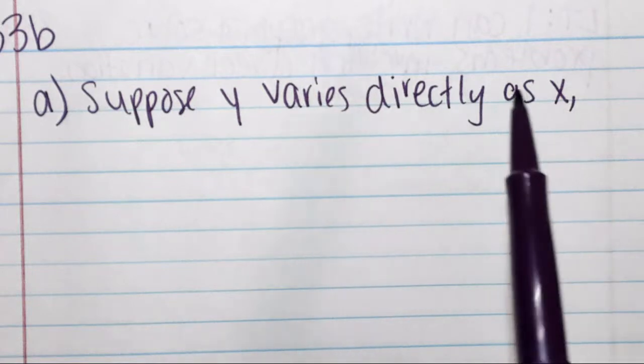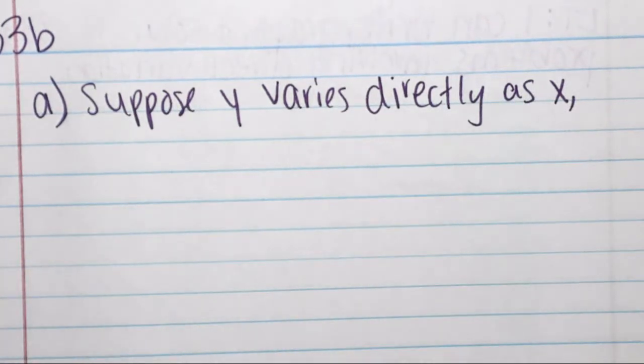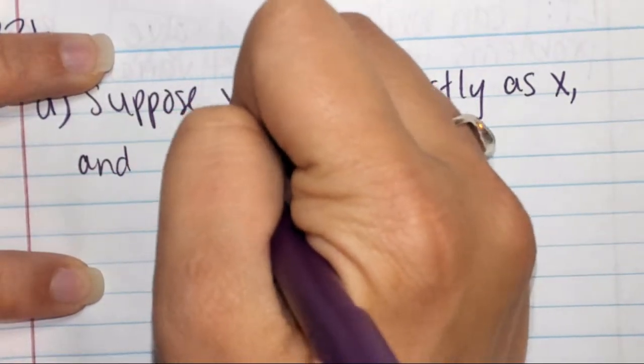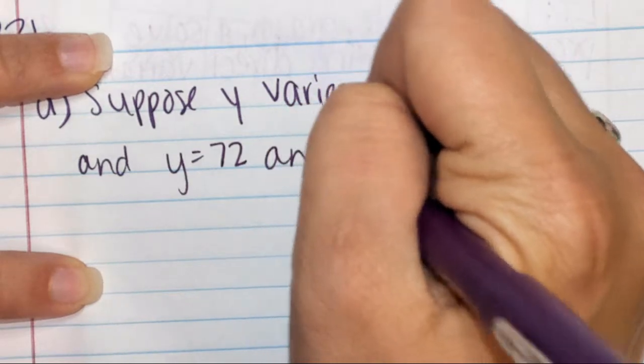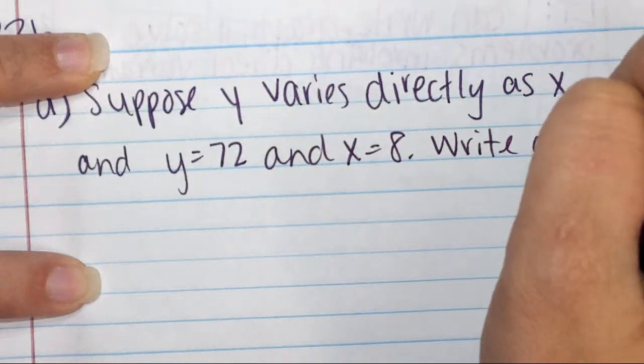Y varies directly as x. So as x increases, y increases. As x decreases, y decreases. Does everybody understand? So, y equals 72 and x equals 8. Write an equation.